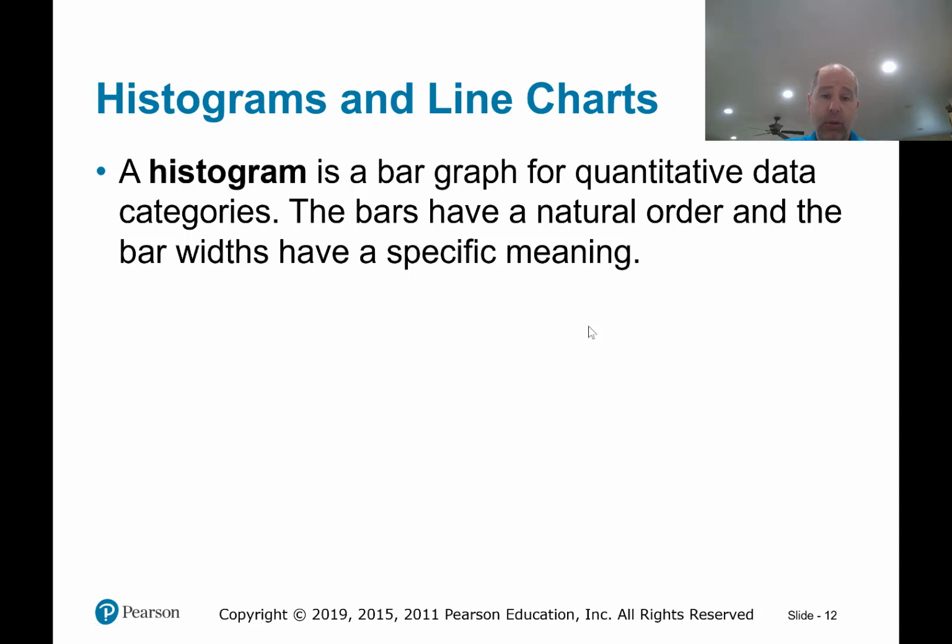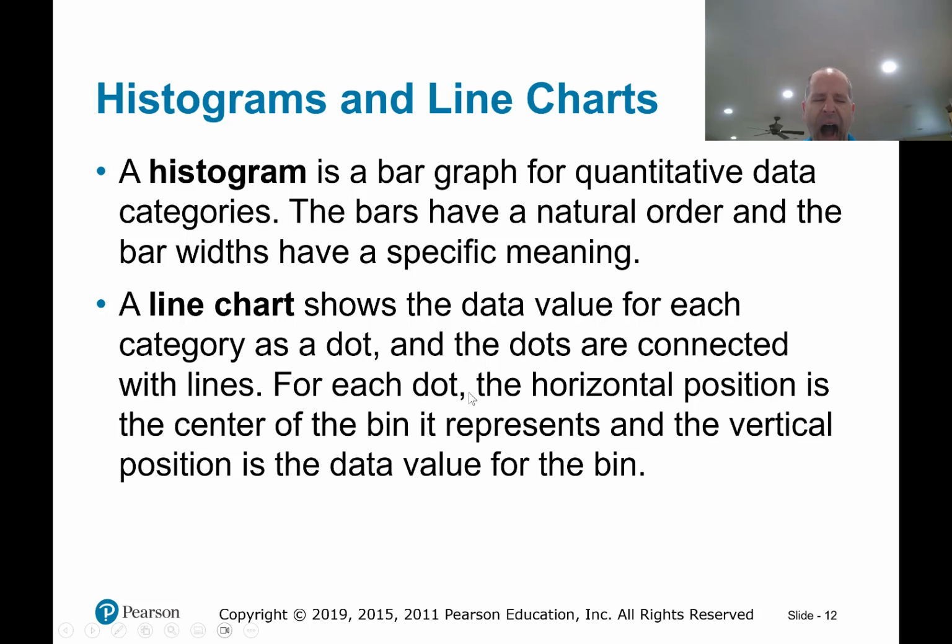Okay, now histograms and line charts. A histogram is a bar chart for quantitative data. It's only used for quantitative data categories. The bars have a natural order and the bar widths have specific meaning. And by the way, the bars on a histogram always touch. A line chart shows the data value for each category as a dot and then connects the dots with lines.